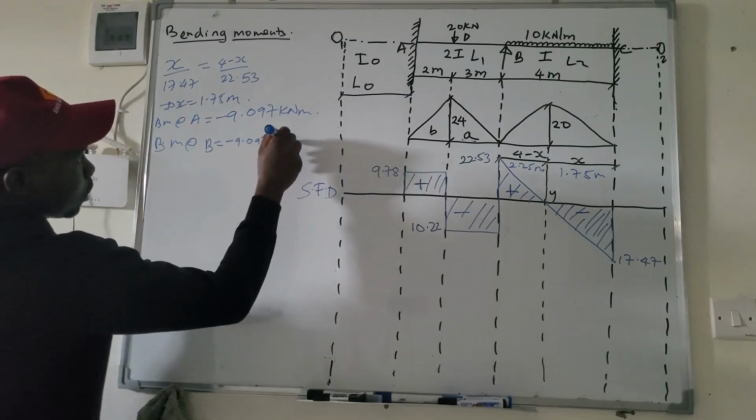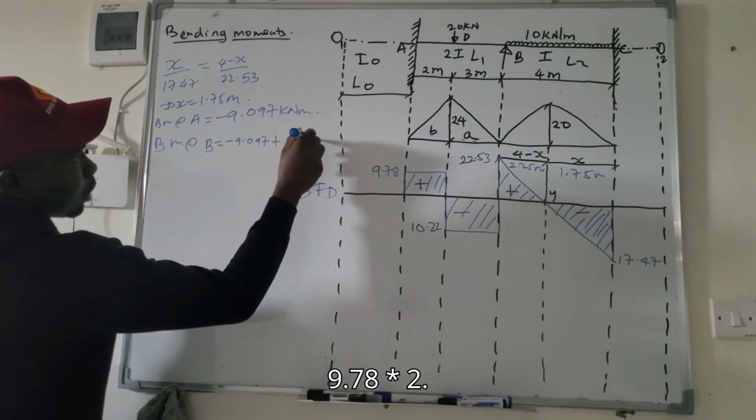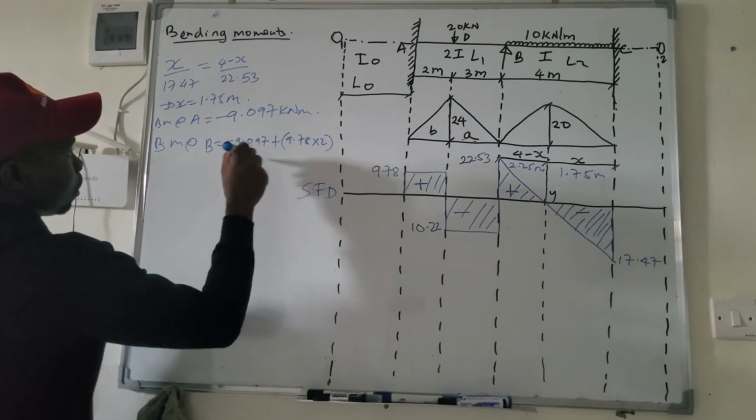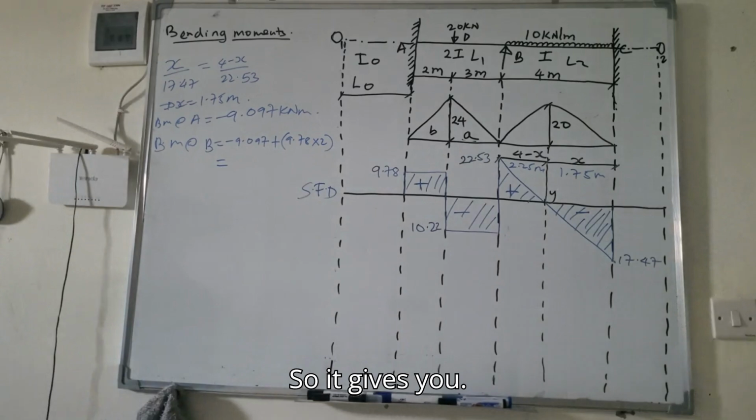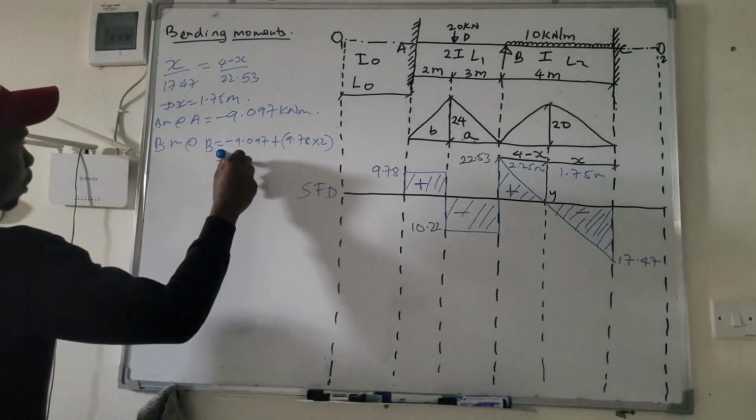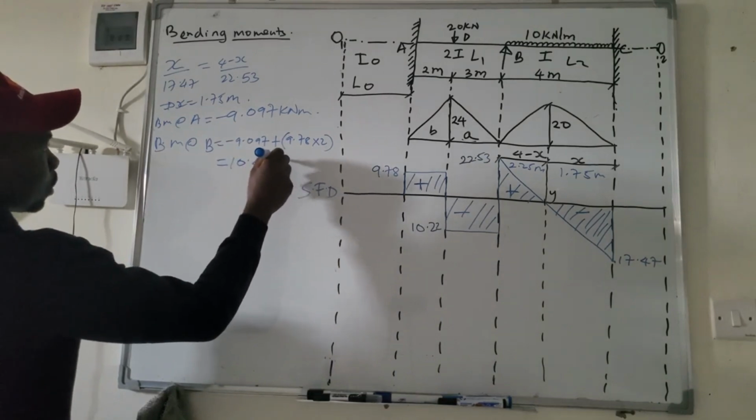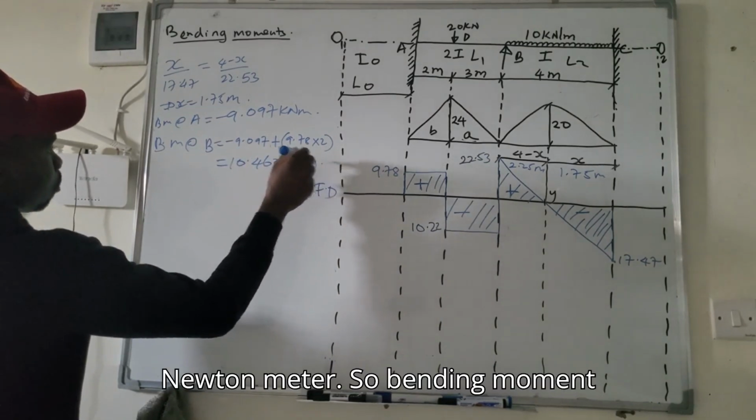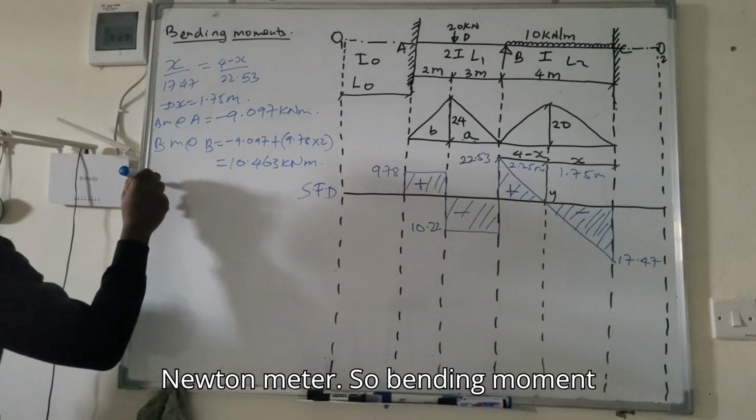So it will be 9.78 times 2, which gives you 10.463 kilonewton meters.